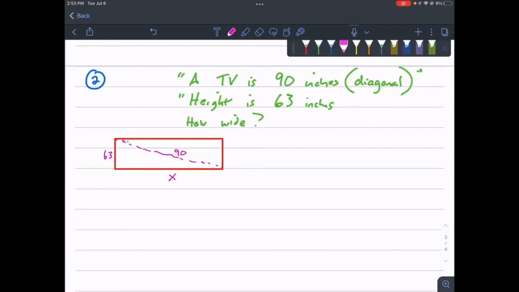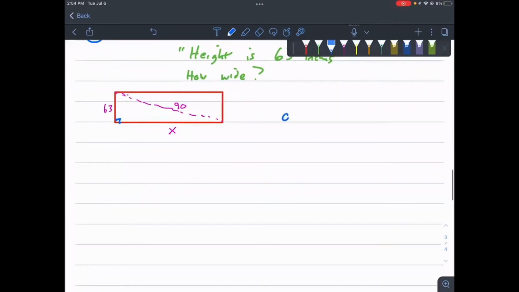So if you think of it in terms of just half of this, this is a right triangle. So we can use Pythagorean's theorem. A squared plus B squared equals C squared. And in this case, the 90 is our C. It's our hypotenuse. It's the longest side.